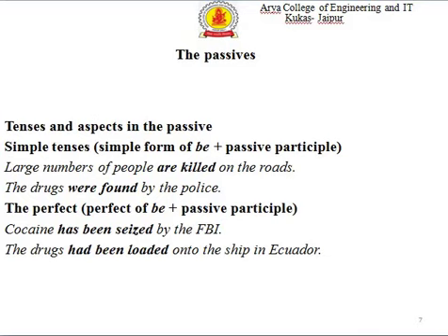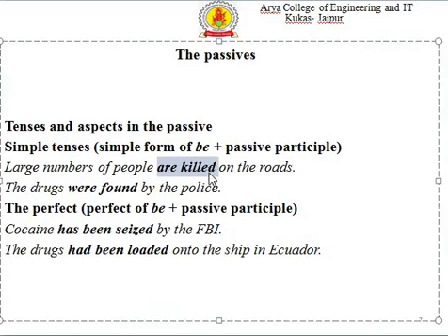We see here simple tenses. We have a passive sentence: large numbers of people are killed on the roads. The drugs were found by the police. In the simple passives, once again I repeat, when we passivize, the main verb takes the past participle form and it is preceded by a suitable form of be.